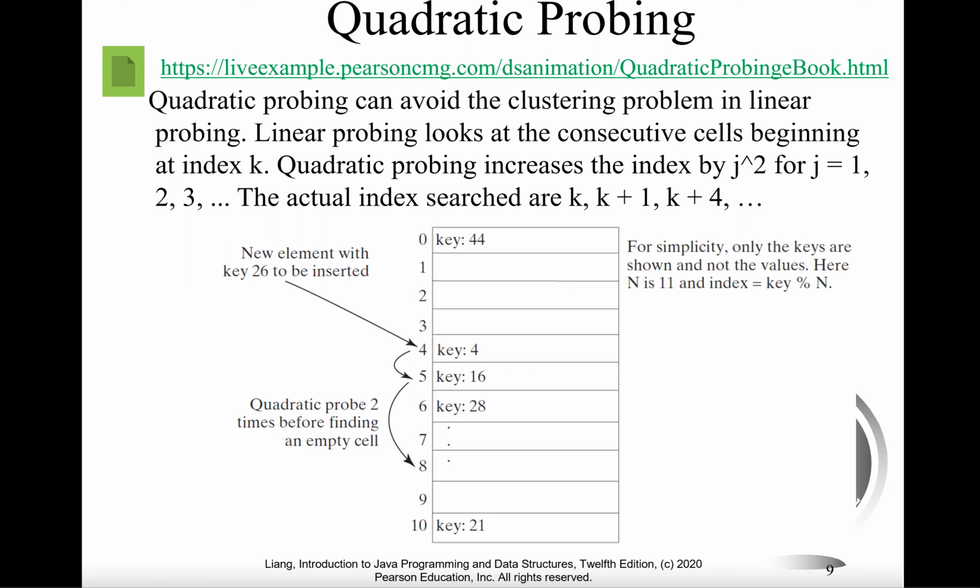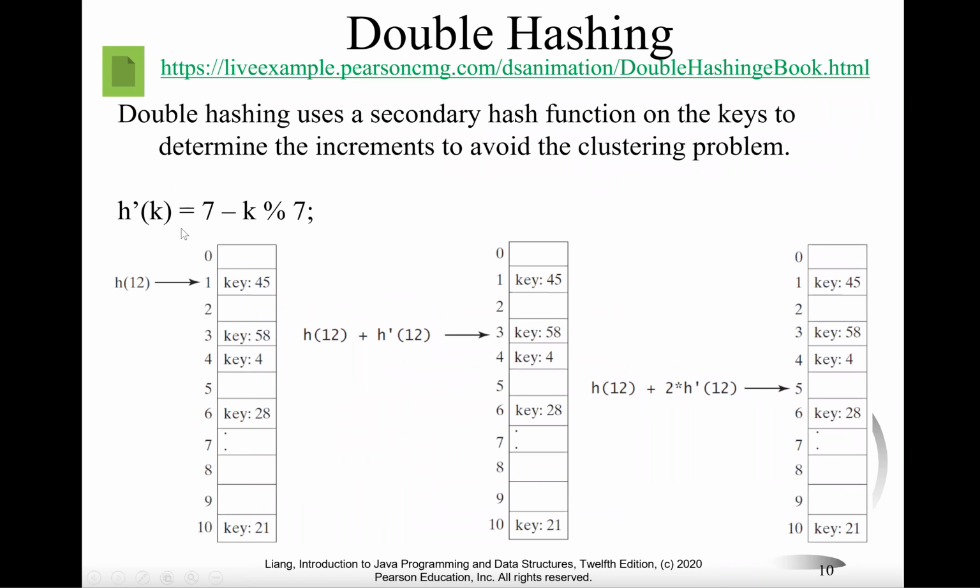So what are we going to do? The next step is to improve it using double hashing. Double hashing uses a secondary hash function on the keys to determine the increments to avoid the clustering problem. Now look at 12. We're going to put 12 right here at location 1, but it's already occupied. Linear probing will search the next one, and quadratic also goes to the next one, plus 1.